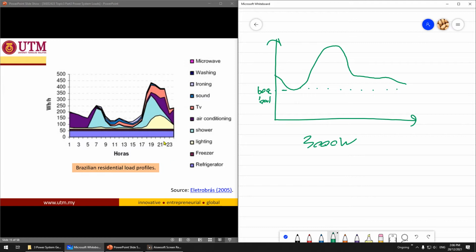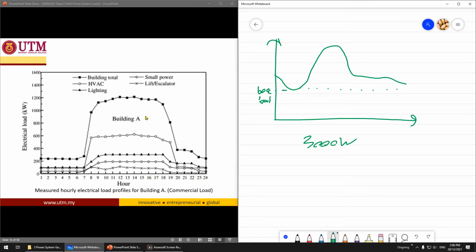Refrigerator, it's just a small one. Another one, aircon. Of course, the air conditioner is quite high. This is another example of a load profile in hourly. You can see here, this is building A. You have the building total, the square is the total. This one is the subcategory of the load.